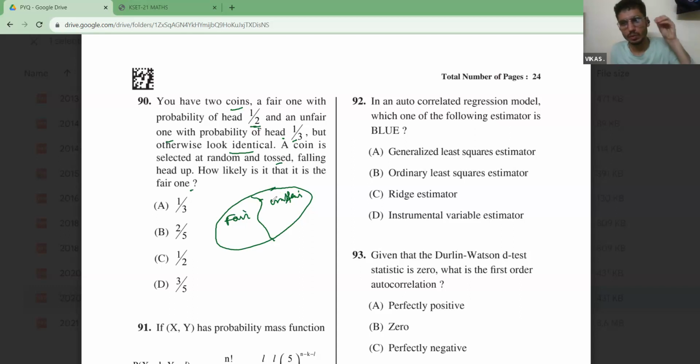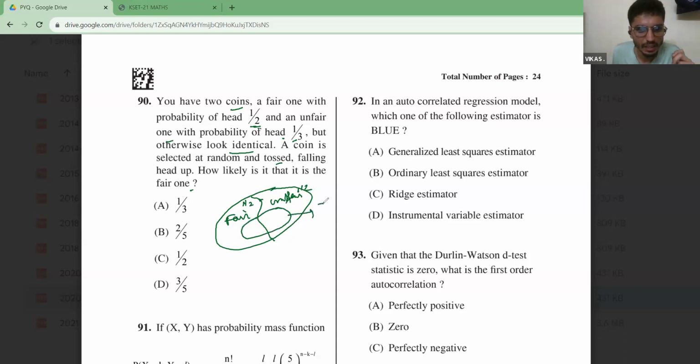Whenever you choose one of the coins, they are equally likely to be chosen. If you choose the fair one, the probability of choosing is 1 by 2. When you choose the unfair coin, it has the same probability 1 by 2. In both cases head can appear. So this is the event E.